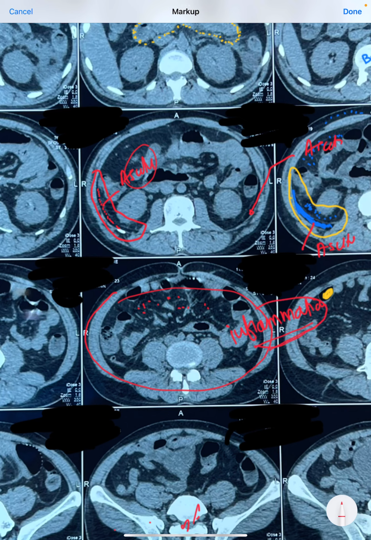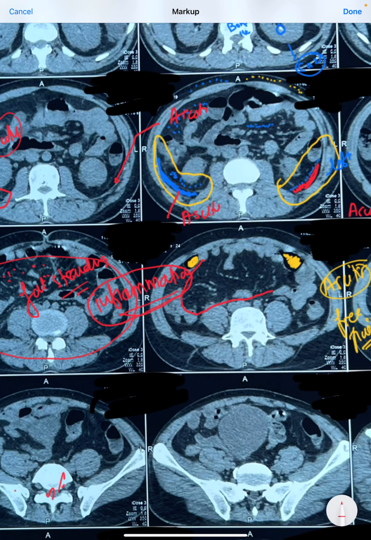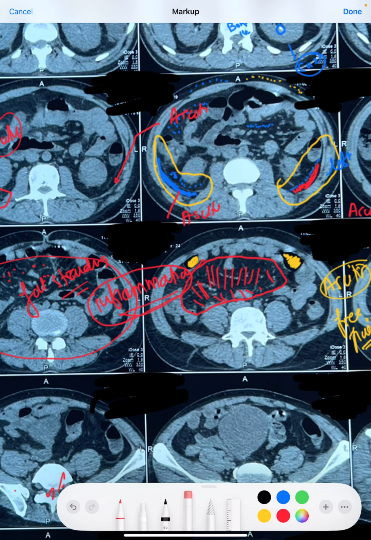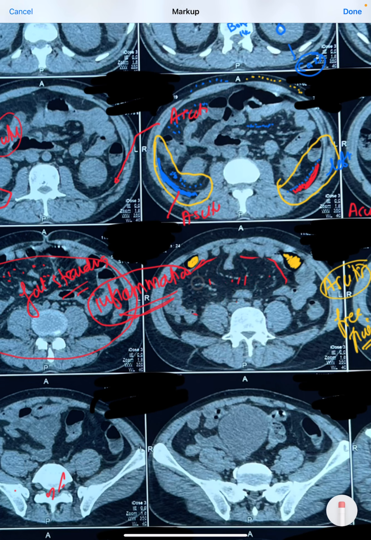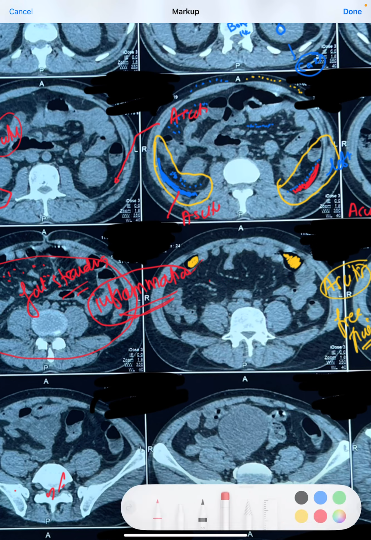So whenever there is inflammation in the abdomen, there is infiltration and fat stranding. Fat stranding means this black fat gets whitish lines because of infiltration by neutrophils and lymphocytes. So in here there is no infiltration, which is why this fat is very blackish and looks decent.